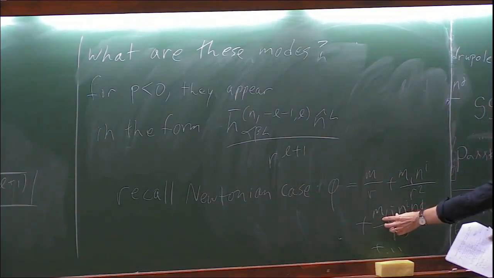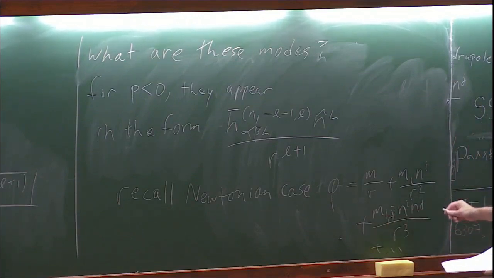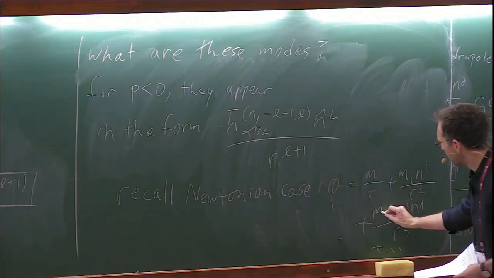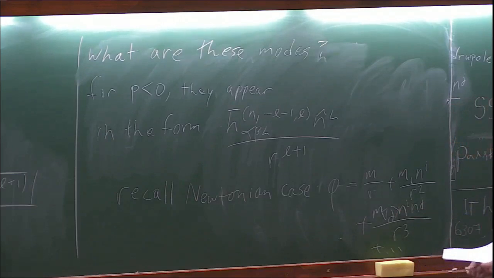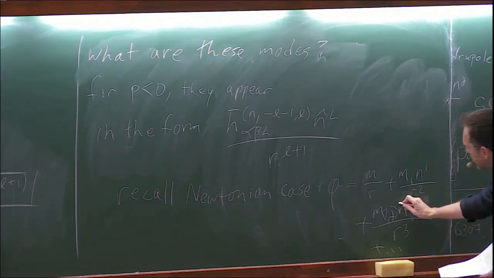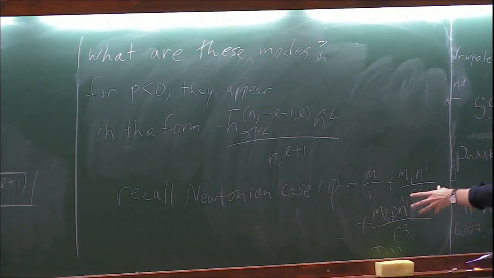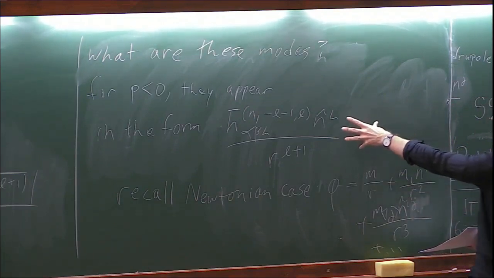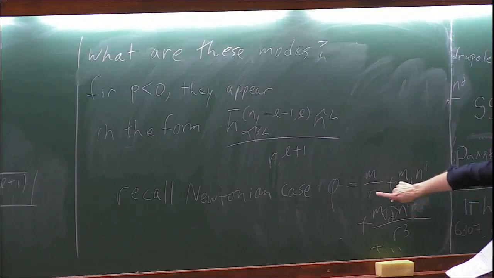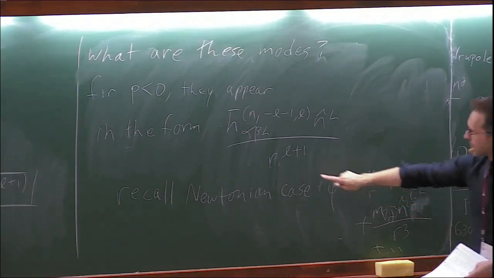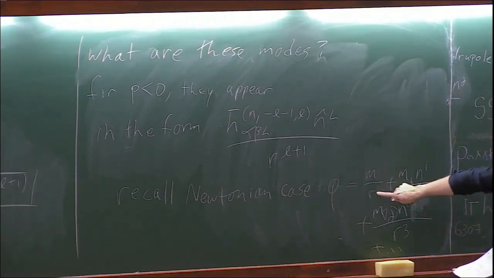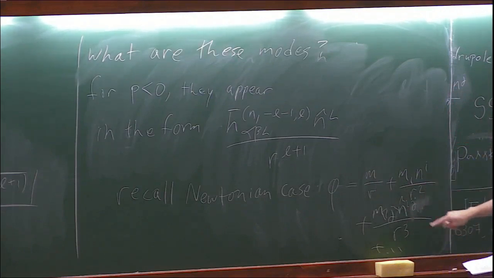So these multipole moments are typically defined so that they're symmetric and trace-free, and then I can replace that product with n hat ij. Now you see I have the same structure here that I've got here. The power of r here is r to the L plus 1. So in this case L is 0, in this case L is 1, in this case L is 2.